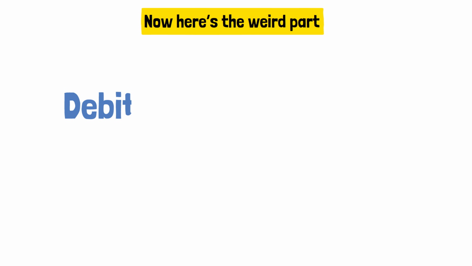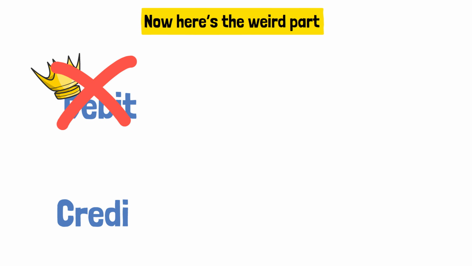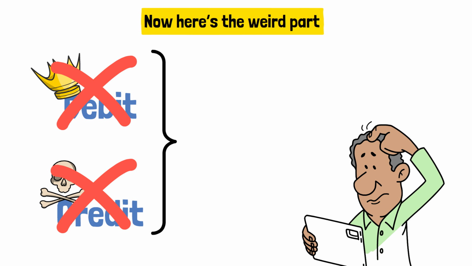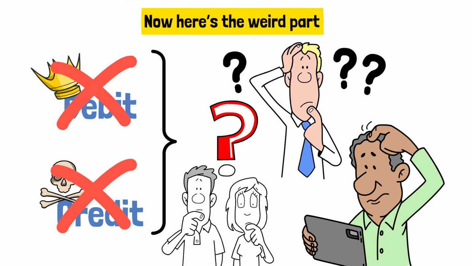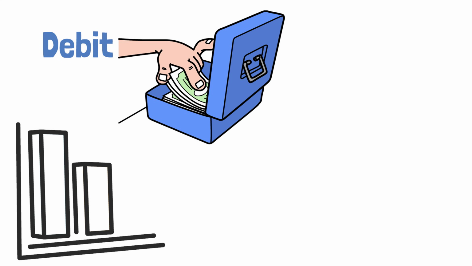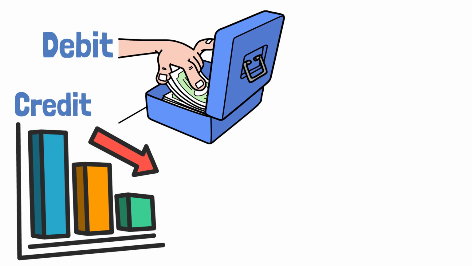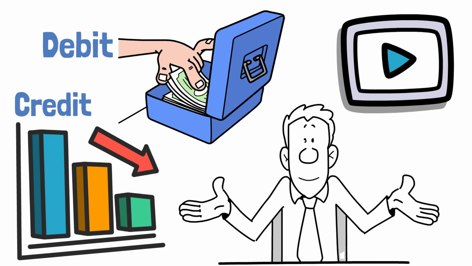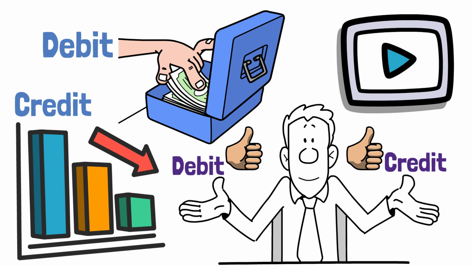A debit is not always good and a credit is not always bad. That idea alone confuses millions of people when they first learn accounting. So if you've ever wondered why adding money can sometimes be a debit and why reducing something can be a credit, stick around, because by the end of this video, debit and credit will finally make sense.